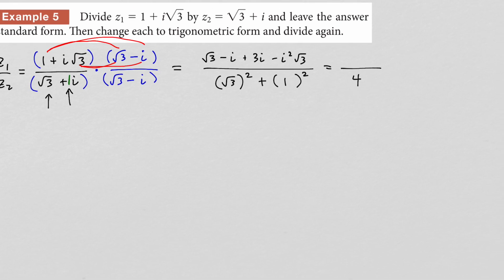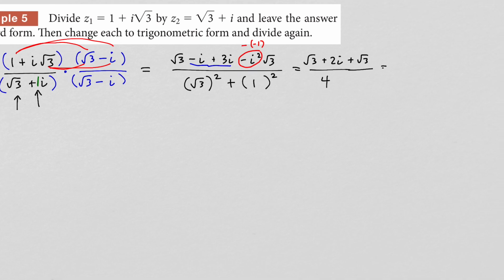And then we just have to finish this up, right? Simplify. So negative i plus 3i, that's positive 2i. So we have radical 3 plus 2i. And then right here we have negative i squared, which is negative negative 1, which of course is positive 1. So positive 1 times radical 3 is radical 3.